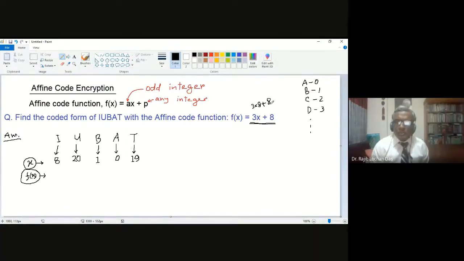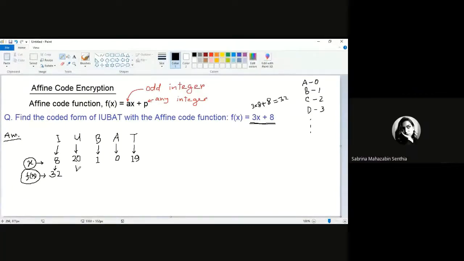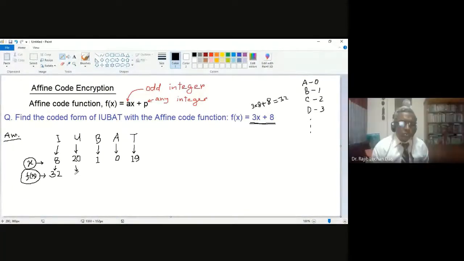So it is 3 eights are 24, plus 8, so 32. You write 32 here. And the number for 20 will be 20 into 3 plus 8. So it is 68.